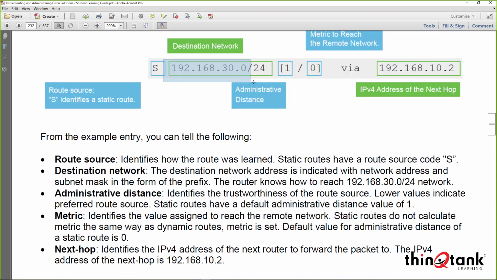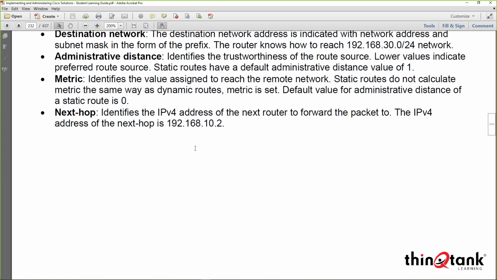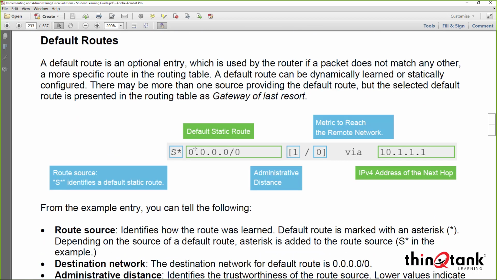This is the prefix. This is the prefix length, or subnet mask. So this is a 24-bit mask, which means the network ID is 192.168.30. We'll again talk about some of the tiebreakers.